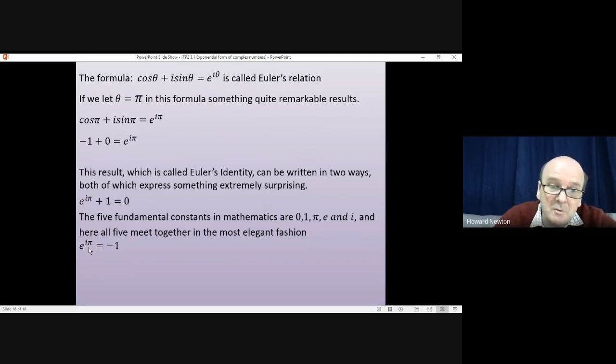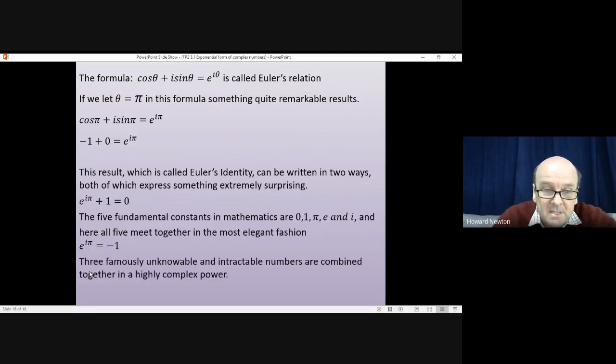It's the square root of minus 1. And these three famously unknowable and intractable numbers are then combined together in a highly complex power, e to the power of the square root of minus 1 times pi. And for the result, you get simplicity itself: minus 1.